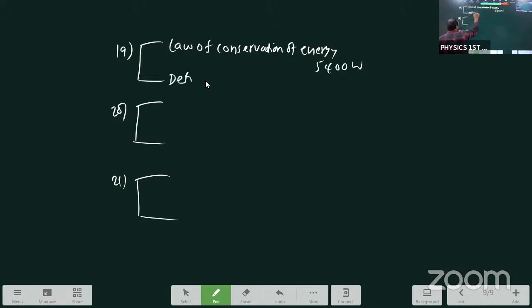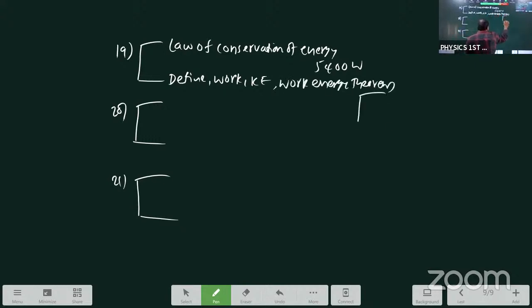Define work, kinetic energy, work energy theorem. For this question, you are doing 2 problems, power of motor. One is 15,000 watts, 15 kilowatts. Next one, 170 HP. Otherwise 166, no problem.